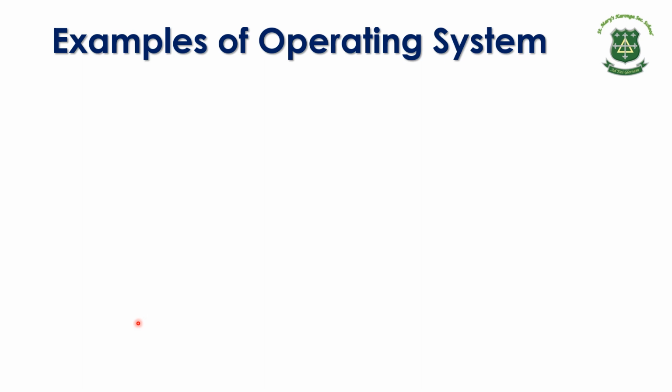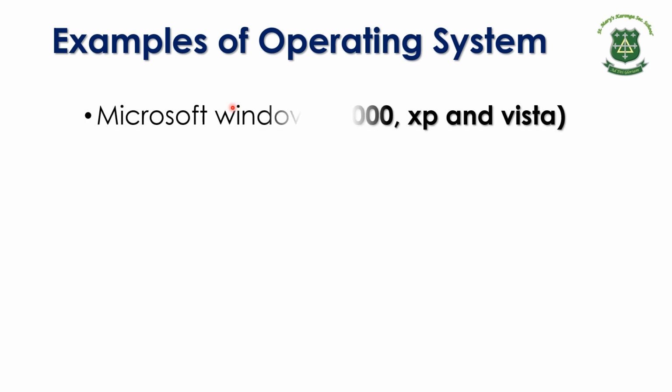Now, we have tried to define what an operating system is. Now, let us look at the examples. What are the examples of the operating system? Windows, Microsoft Windows. We have so many: Windows 2000, XP, 2007, Vista, Windows 11, Windows 10.